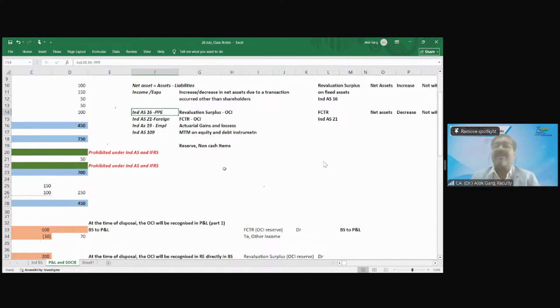When your net assets are decreasing by doing a transaction with a party who is not your shareholder, it is your expense. Have you understood the definition?